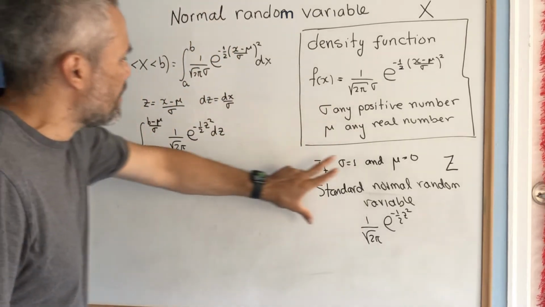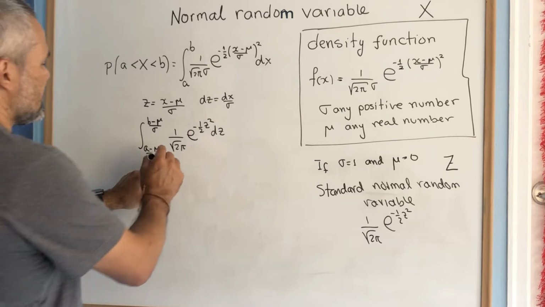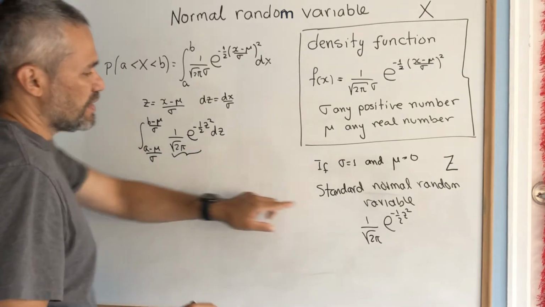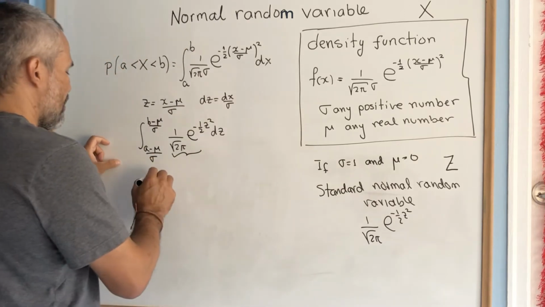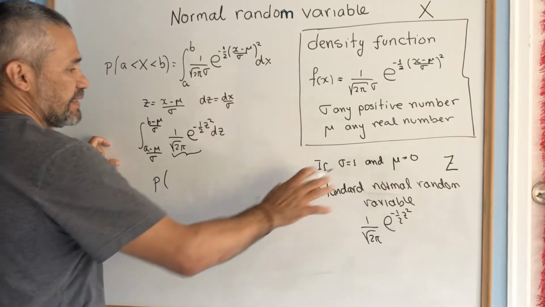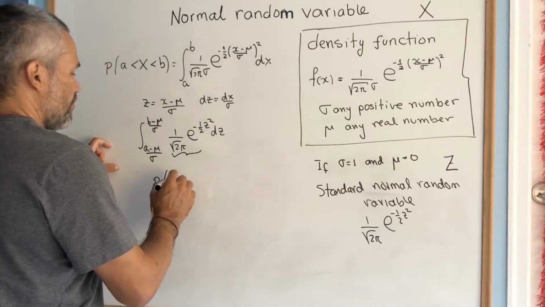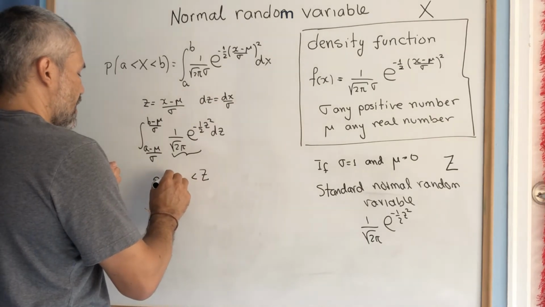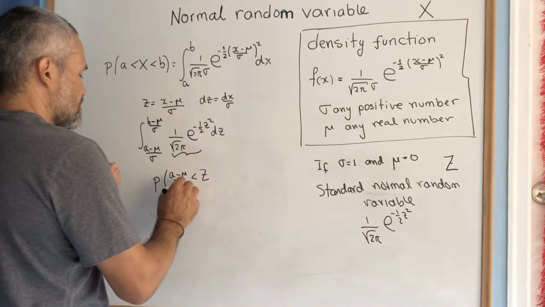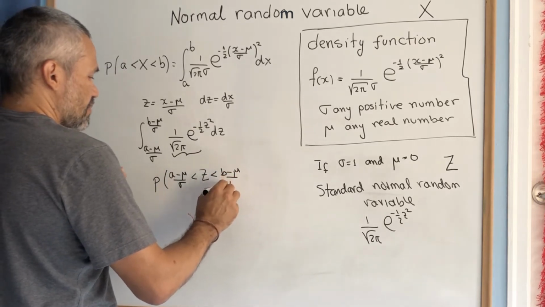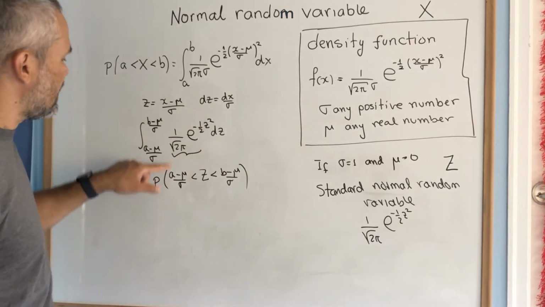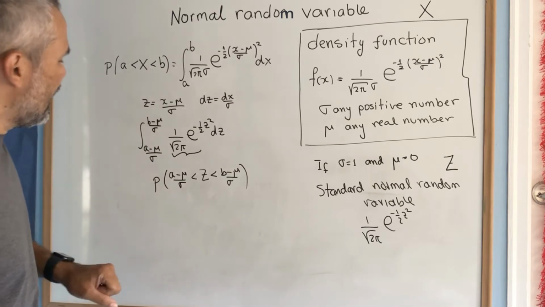But then this is just the integral of this density function. That means that this is the probability that the standard normal random variable is between a minus mu over sigma and b minus mu over sigma. And that is just this integral.